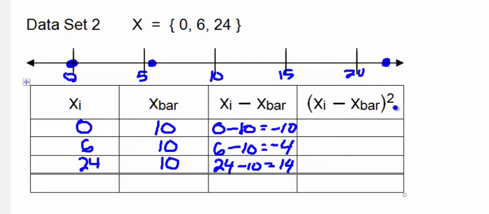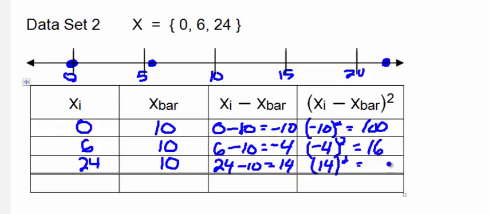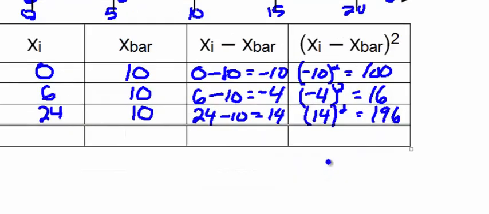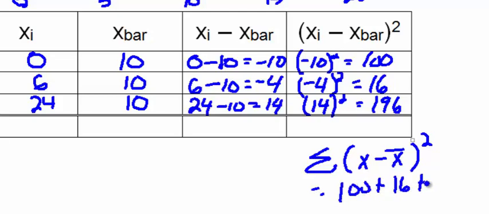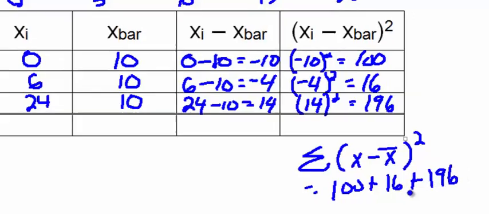So we square them. So we take each deviation and square it. 10 squared is 100. The next deviation, 4 squared, is 16. And the last one, 14 squared, is 196. So if we add up these squared deviations from the mean, we get 100 plus 16 plus 196.